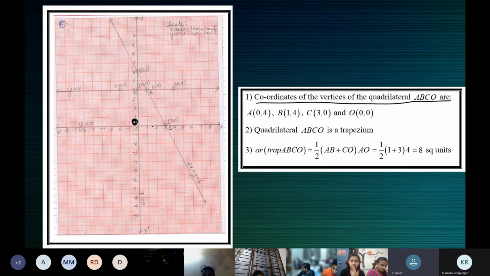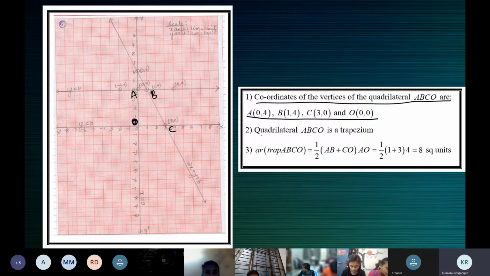You can see A here, B here, C here, O. ABCO is the quadrilateral, and these are its vertices. Then, give a special name. This is a question. It's a trapezium.